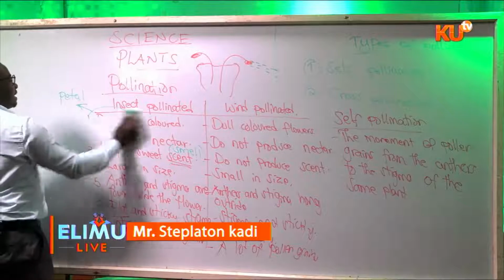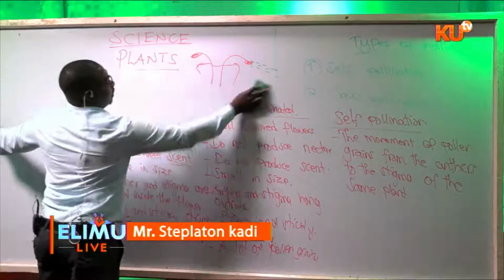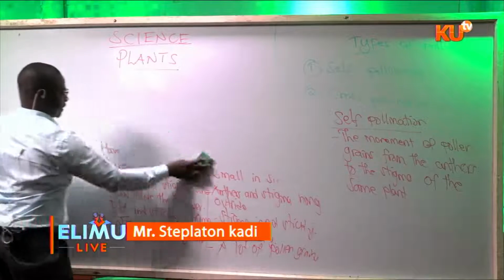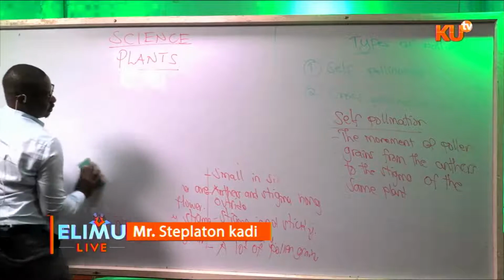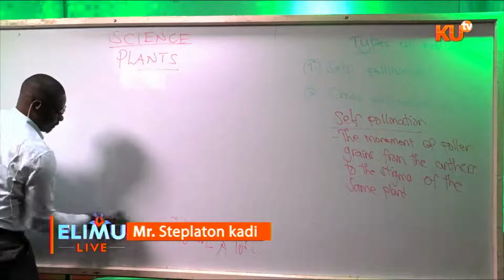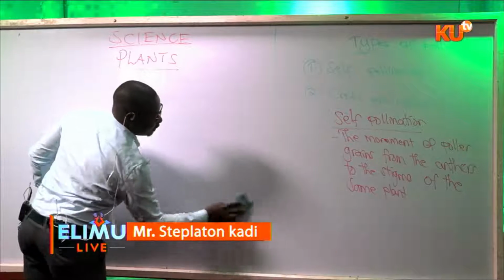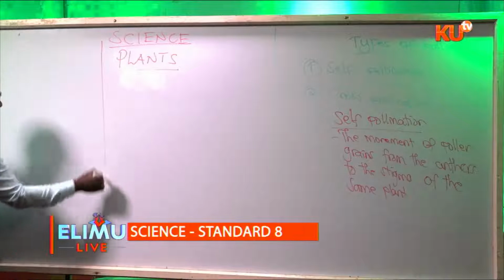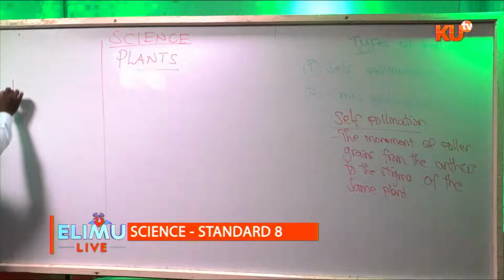So in a diagram, a sketch just to emphasize what self-pollination is, we'll get something related to this. So we'll have one plant.